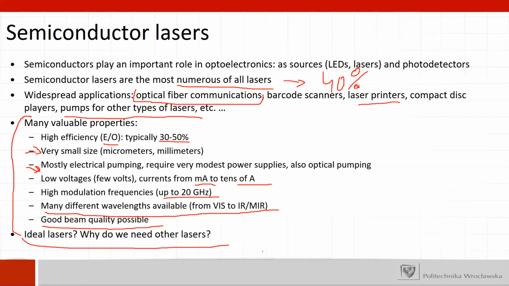Yeah, as we say, there are no free lunches, so there is always a trade-off between some parameters. So in general, semiconductor lasers have all these great, excellent properties, but on the other hand, they have issues with multi-mode, multi-longitudinal operation and broad line width.